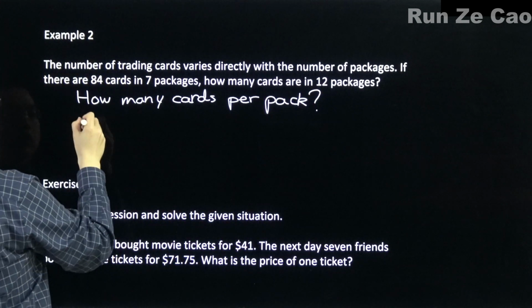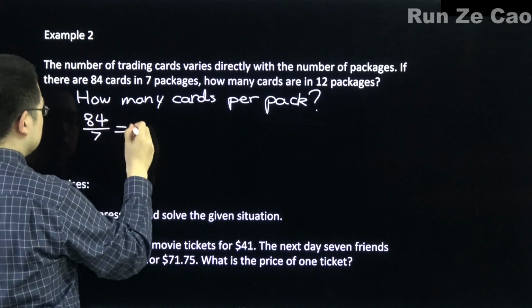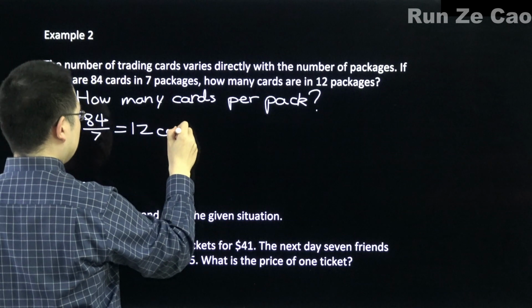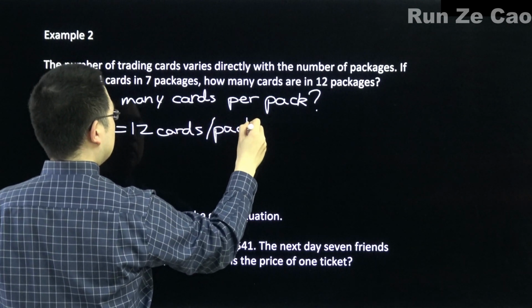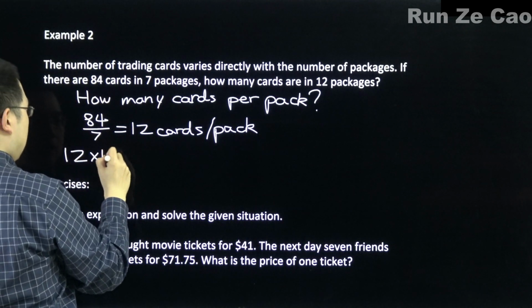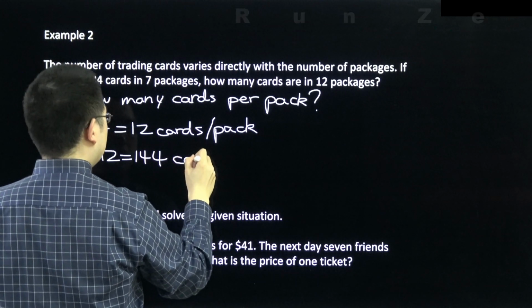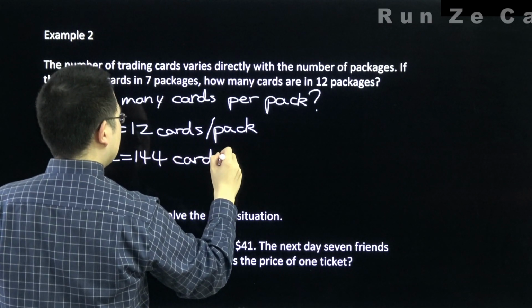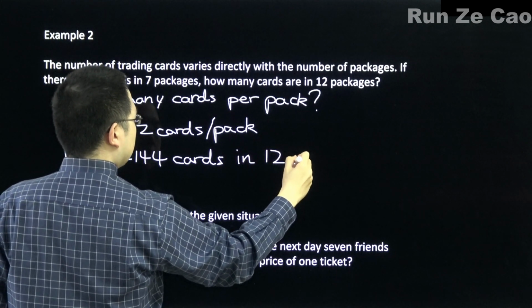Well, we're looking for 84 divided by 7, which is equal to 12 cards per pack. Therefore, 12 times 12 is equal to 144 cards in 12 packs.